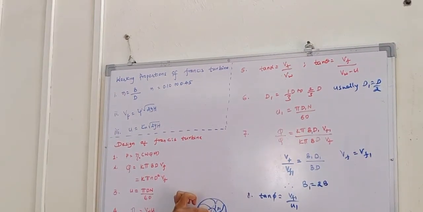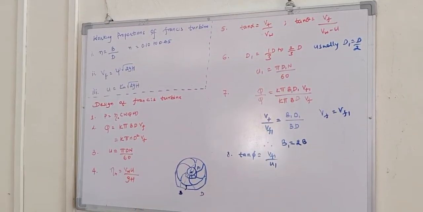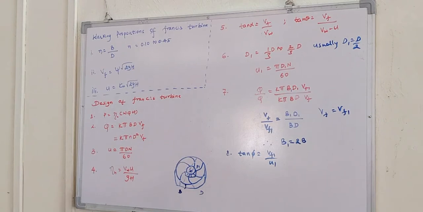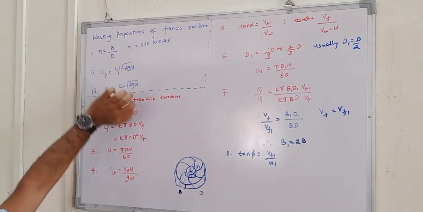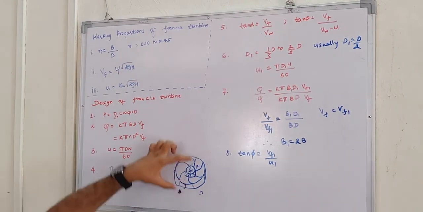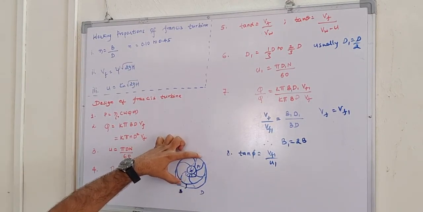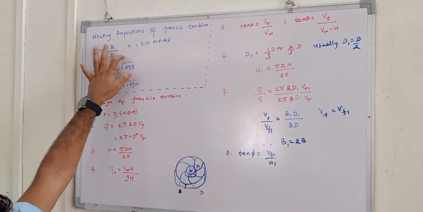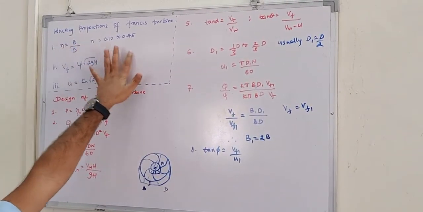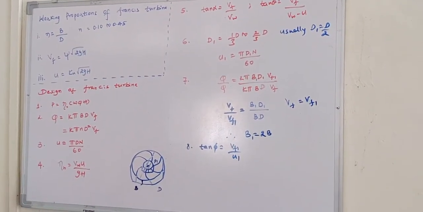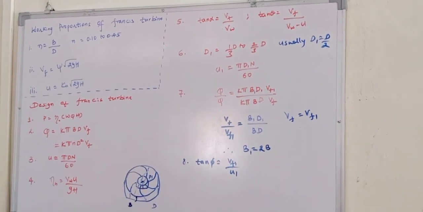You can go back and see that animation video, you will see the runner where the water enters and where the water exits. Now here N is B by D, the width of the runner divided by the diameter. According to the working proportion, it ranges from 0.1 to 0.45. This is the first working proportion.